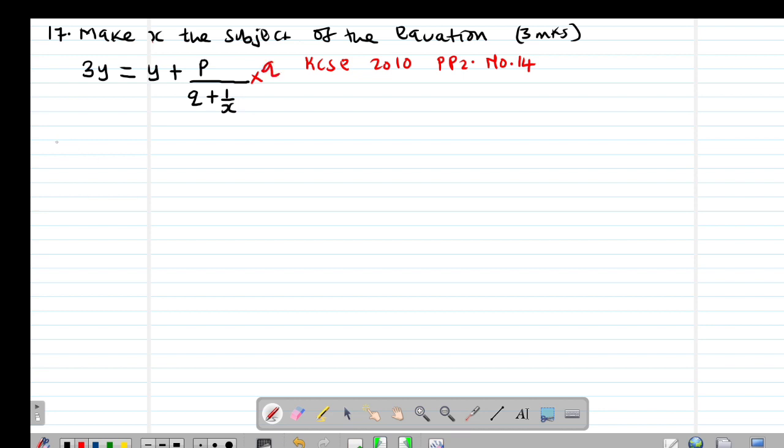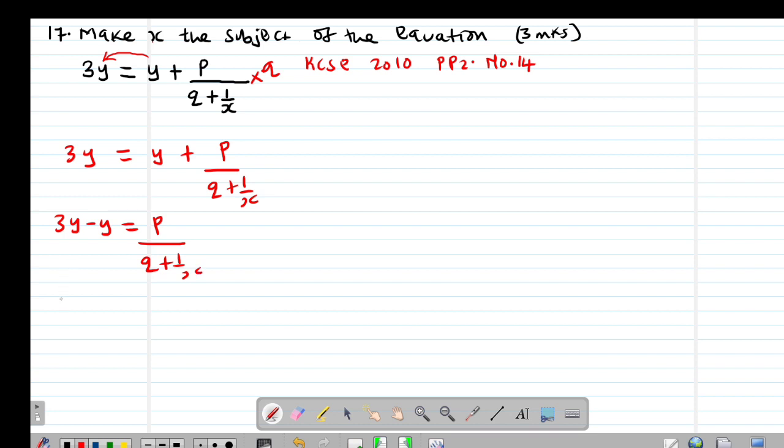Let me rewrite it here. I'm having 3y being equal to y plus p, then the whole thing divided by q plus 1 over x. But remember, these are like terms, so I'm going to get 3y minus y being equal to p divided by q plus 1 over x.